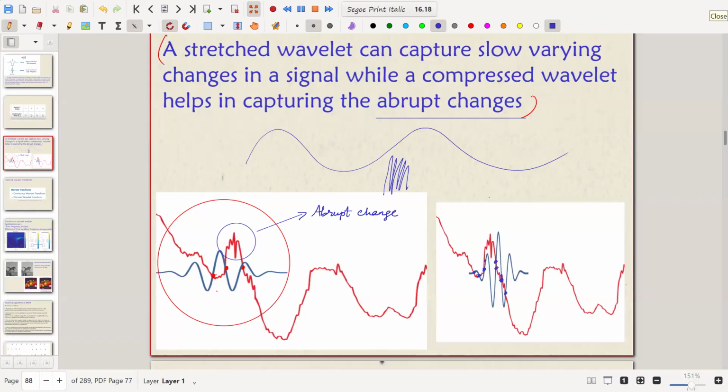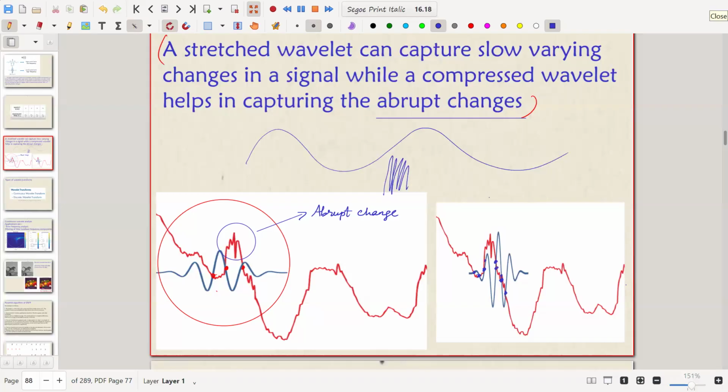Yes, that's the idea. If you choose a high frequency wavelet near that abruptly changing signal, then you are able to capture most of the information. Whereas if you use a stretched wavelet, you are not able to capture that abrupt change. It is visual proof over here, a visual idea.